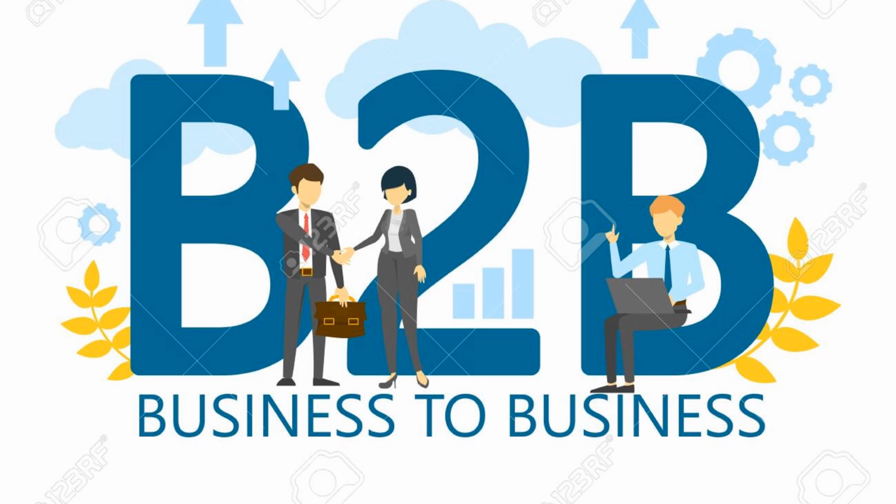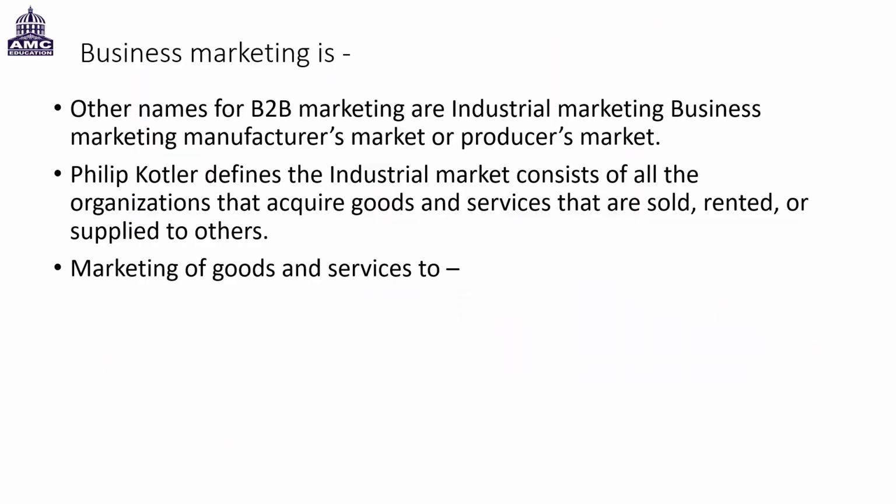So this subject is all about B2B marketing and social marketing. Another name for B2B marketing is industrial marketing, manufacturers marketing, or producers marketing. Philip Kotler has defined industrial marketing as covering all the organizations that acquire products, be they goods or services, that are sold, rented, or supplied to other organizations.